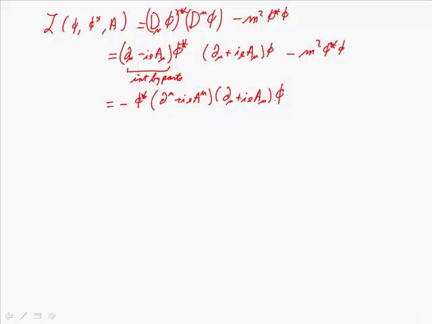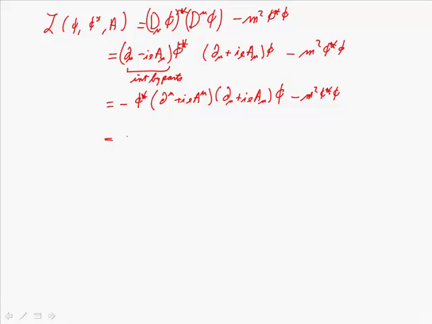So this minus sign here is that minus sign times that sign there. The extra change from here to here is the integration by parts change. Minus m squared phi star phi.